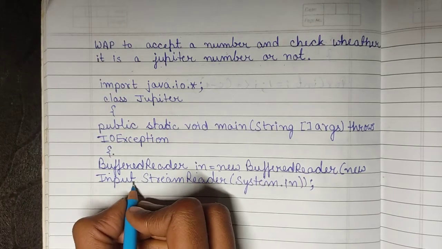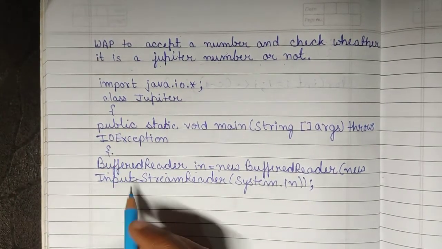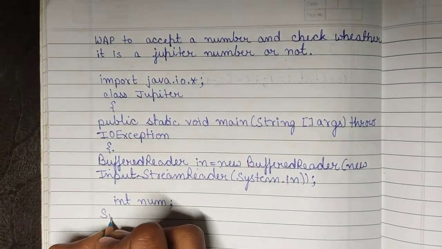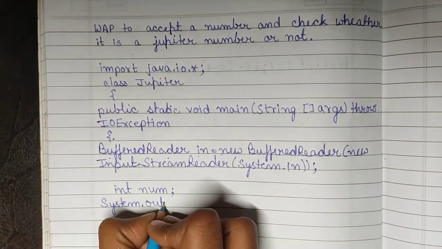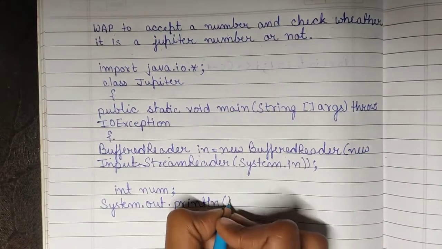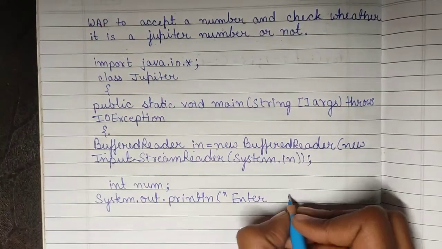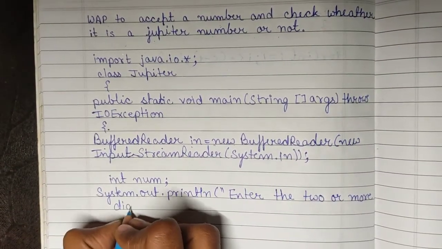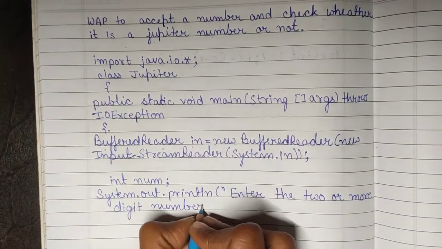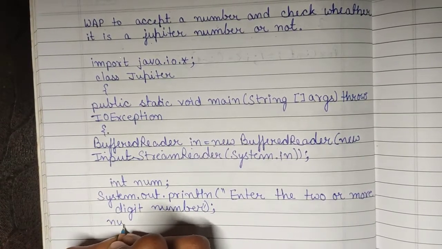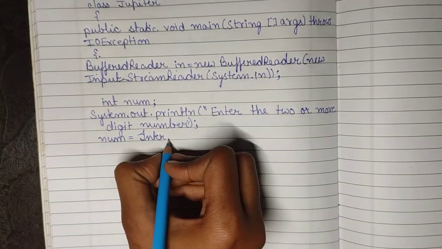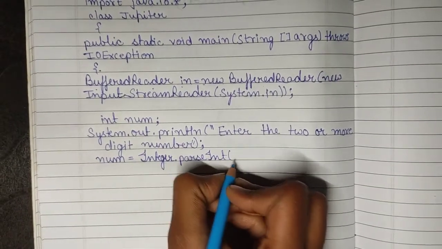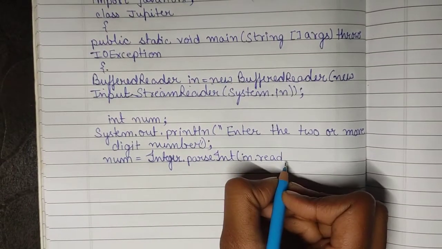Here there will be no spaces between these and these, and after it we will take a variable num, Integer.parseInt, br.readLine.